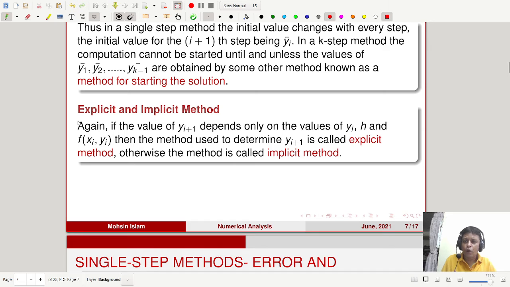Next, I shall be talking about explicit and implicit methods. What is an explicit and implicit method? It's a very simple thing.